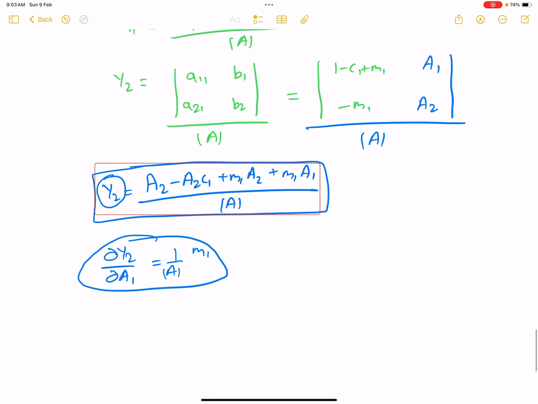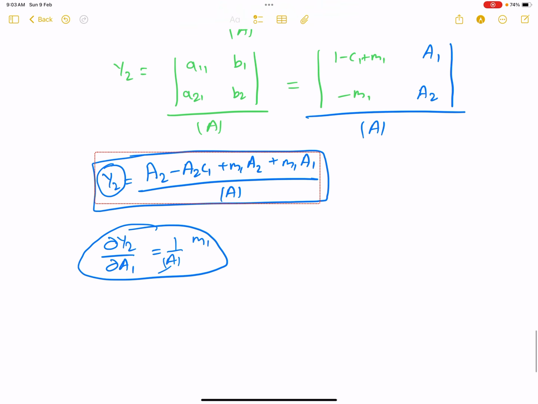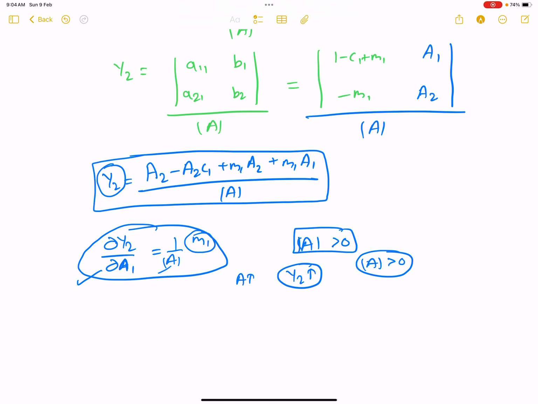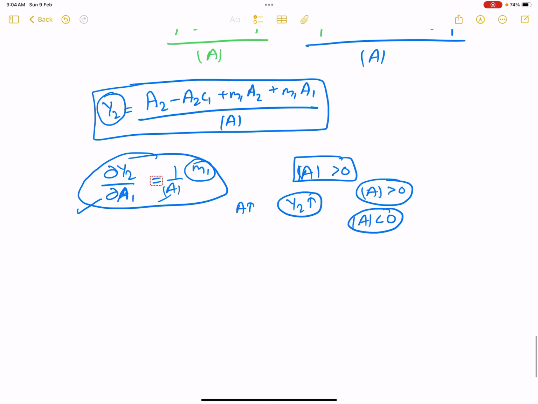So A determinant is positive, and it would depend on the sign of A determinant. The first derivative tells that if a1 increases, y2 would also increase if A determinant is positive, and if A determinant is negative, that would mean if a1 increases, then y2 should fall. But what was a1? a1 was autonomous expenditure.